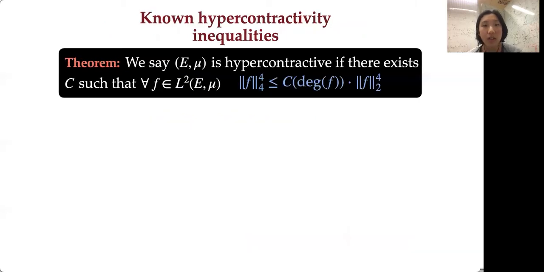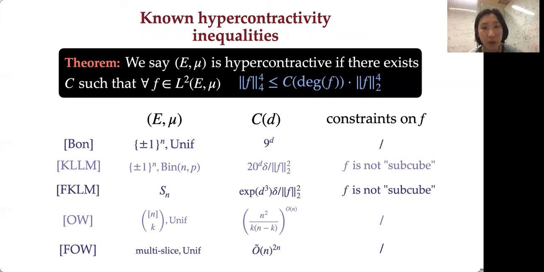Next I want to summarize some of the known hypercontractivity inequalities over various probability spaces. Here's a table. One thing I want to comment on is this degree function C of D. There are slightly different formulations of the hypercontractivity inequality, and some of these works are given in other formulations.